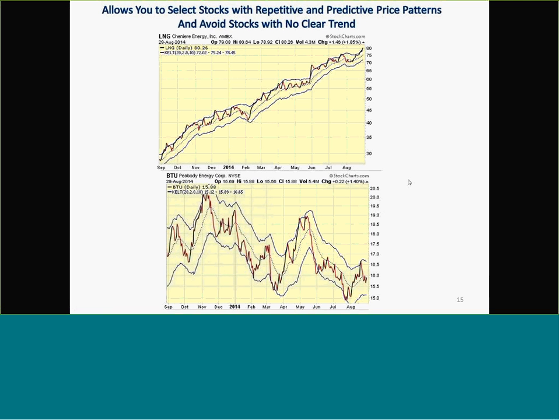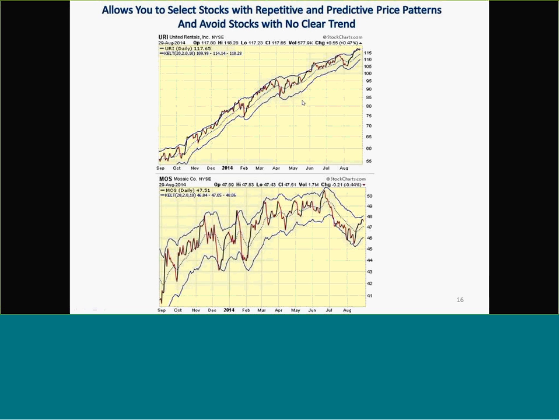Here's one more example. This is for United Rentals, and again, very repetitive, predictive price patterns as opposed to Mosaic, the fertilizer company. So we like to focus on these stocks that are in strong uptrends and very predictive patterns.